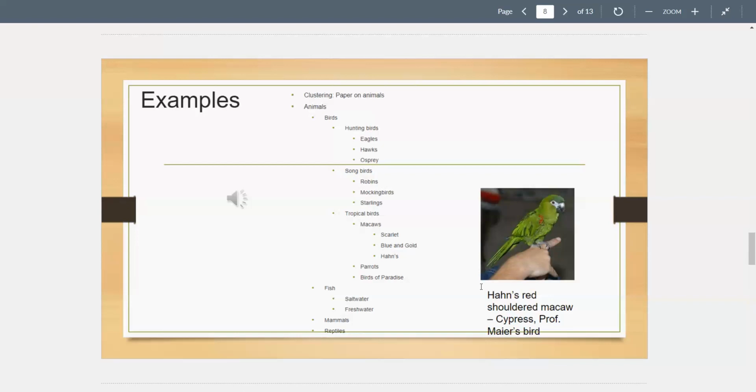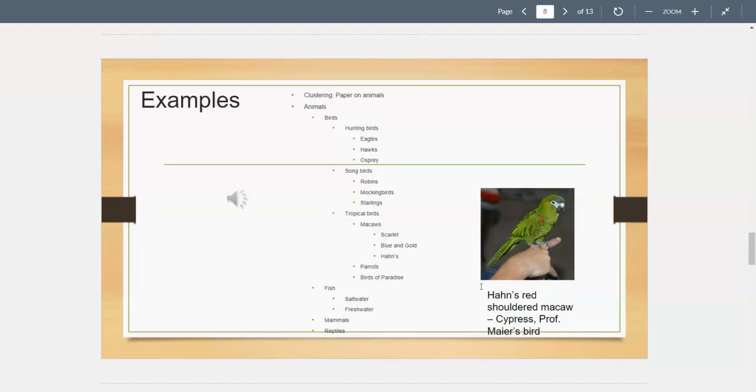Same for blue and gold, a couple of paragraphs on the same topics. Same for Hahn's, a couple of paragraphs on the same topics. Now I've got my 5 or 6 page paper. It helps expand by going back along that cluster. Or if I need to narrow it further, I can keep narrowing it further.